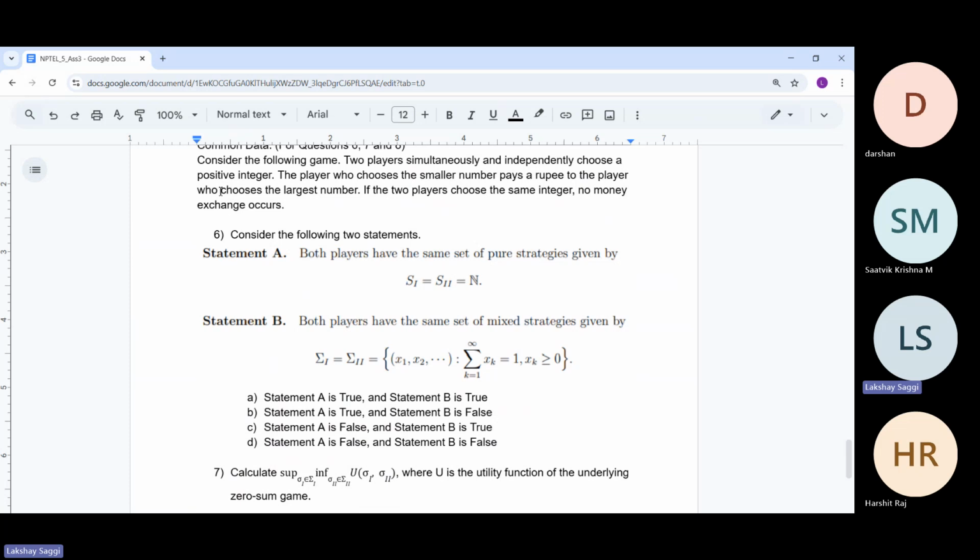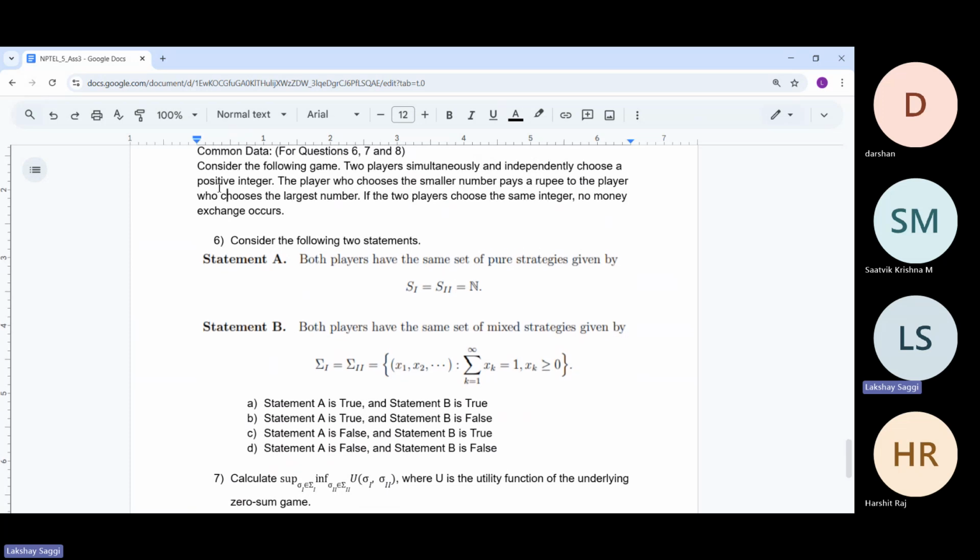So any idea, guys? First of all, I hope the game is clear. The game is pretty simple: two players just have to choose two positive numbers, and the one who has a larger number will win and will get 1 rupee from the loser. So for the sixth question, what will be the answer?